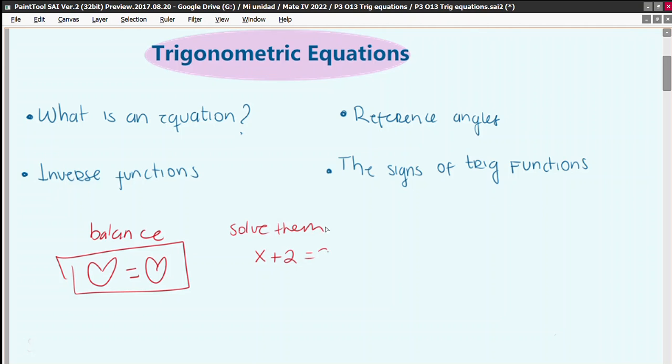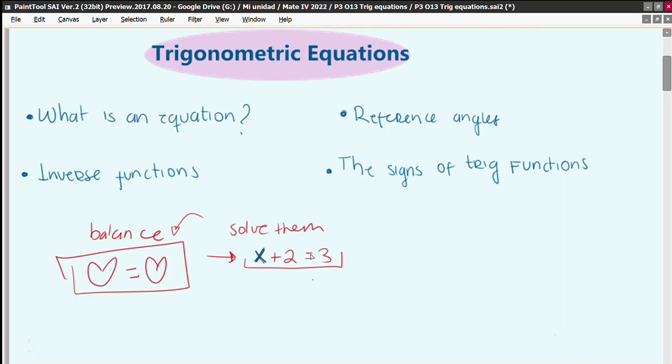Solving equations means that we have an unknown, like right here, and I want to find a value of x that satisfies this equation. What does that mean? Again, because an equation is a balance, I have to find a value for x in such a way that what I have on the left side is exactly the same as on the right side.